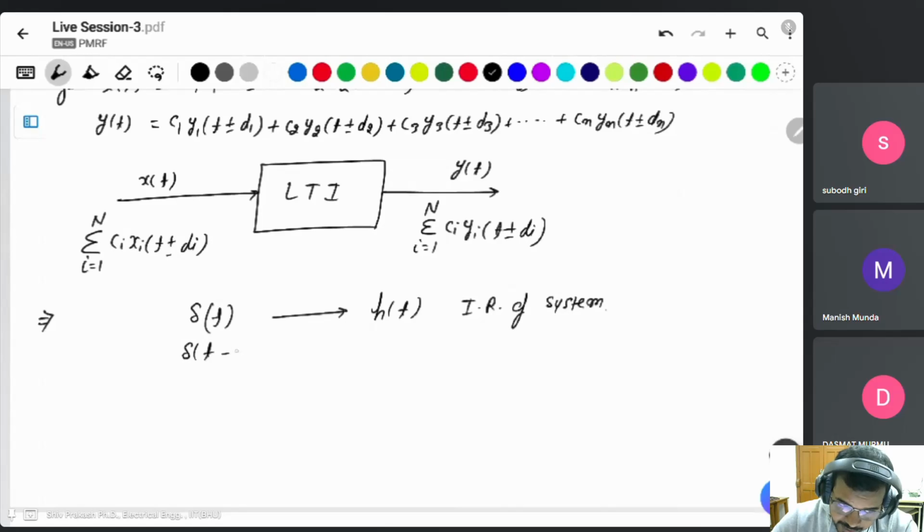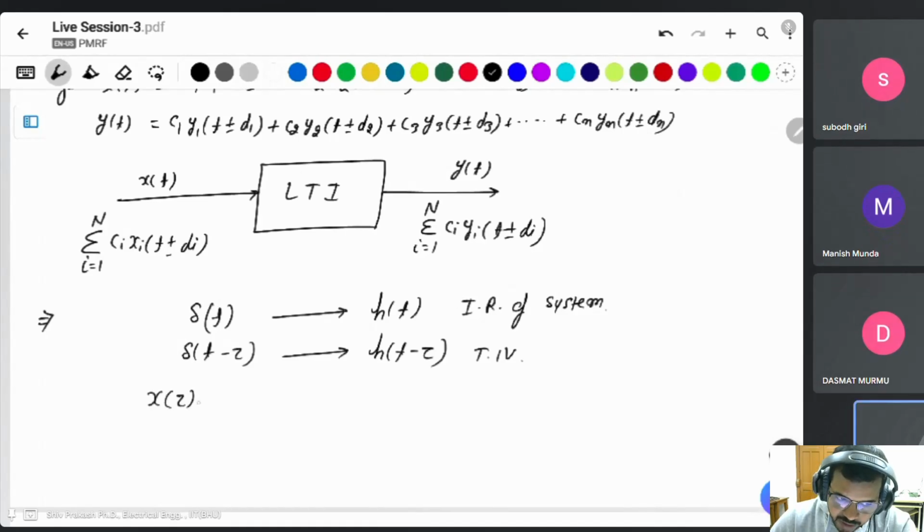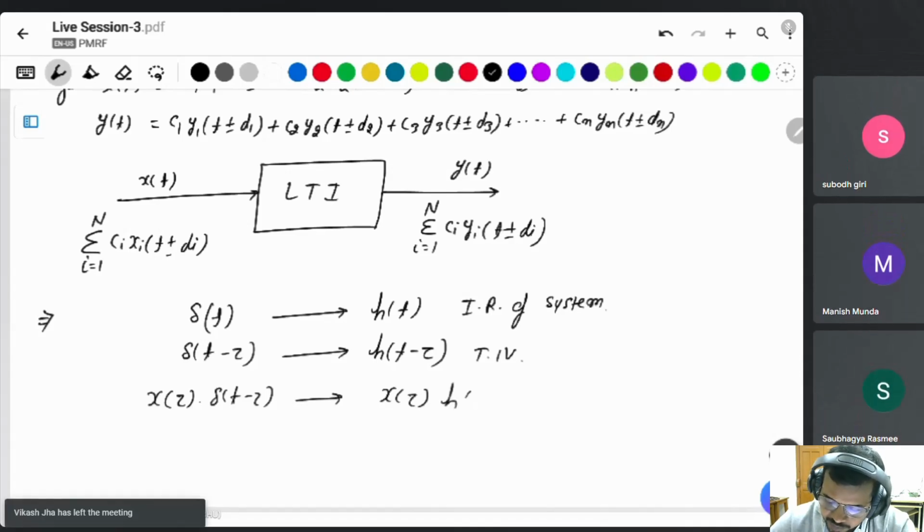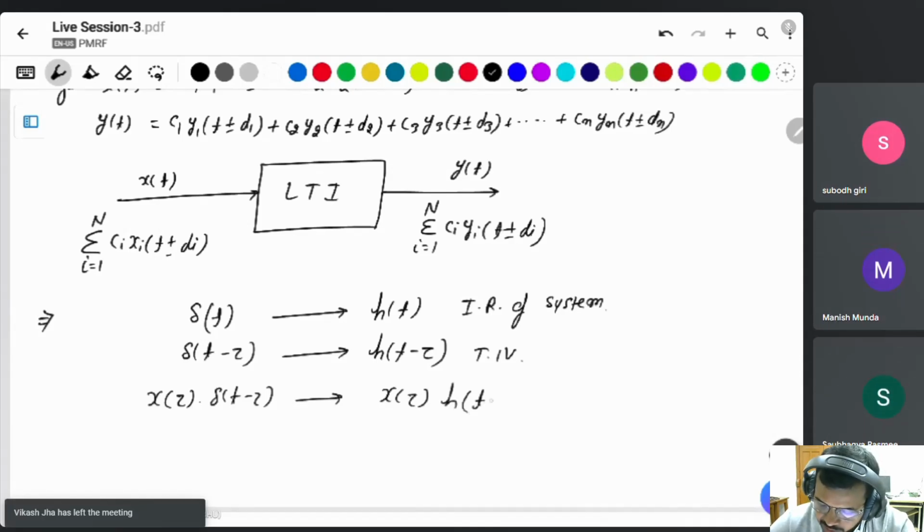You take some delay in the system; this is represented as time invariant. If you multiply some constant to this system, this is also the same as scaling that system. This one is homogeneity.